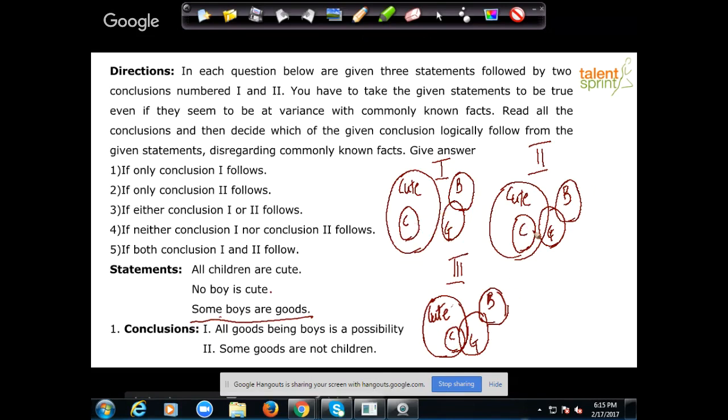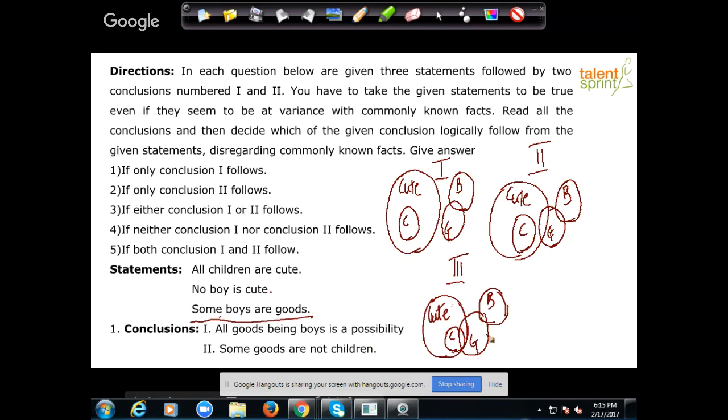But in the second, there is a possibility that some boys who are goods are also cute. We know that boys cannot be cute, but some goods can be cute. So in the second diagram, we have shown how some goods can also be cute, because the statements are open-ended on it and tell us nothing.